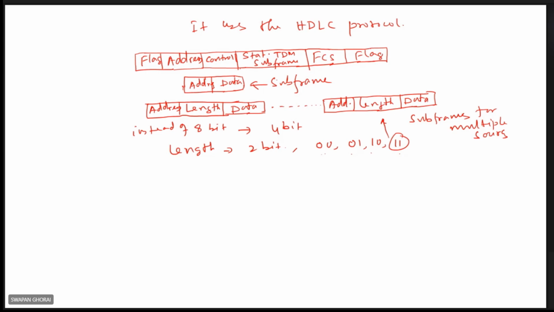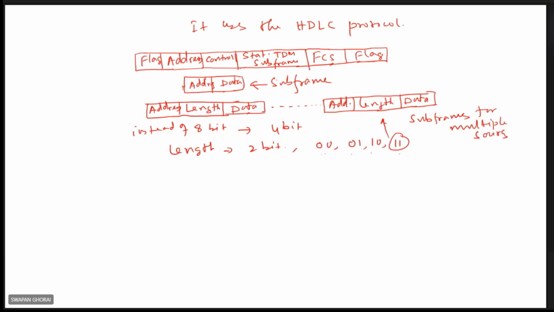For statistical TDM, it generally uses the HDLC protocol, having subfields like flag, address, control, etc. The data field can be for one source, but that will also result in inefficiency. So to increase the efficiency, multiple subframes for multiple sources are used.